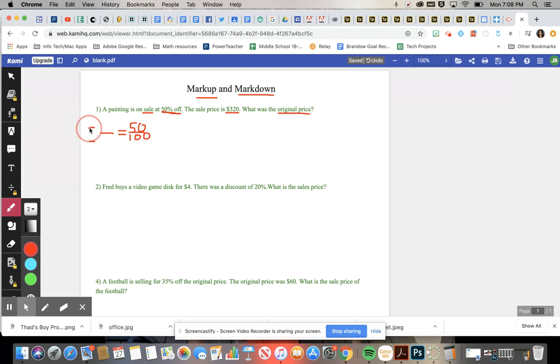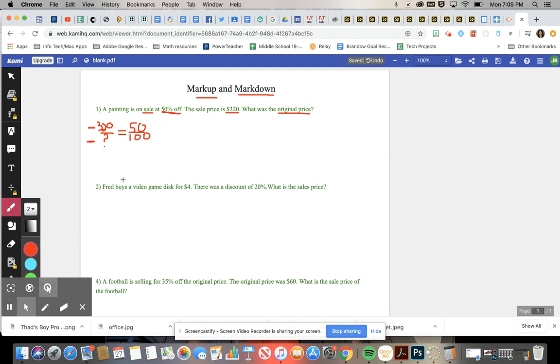The top is going to be our part, and the bottom is going to be our whole. Well, we have the sale price and the original price. The sale obviously is going to be a smaller number than the original. So the smaller number is going to be our part. So this 320, which is our sale price, is going to go on top. And then this is what we're trying to figure out: what was that original price.